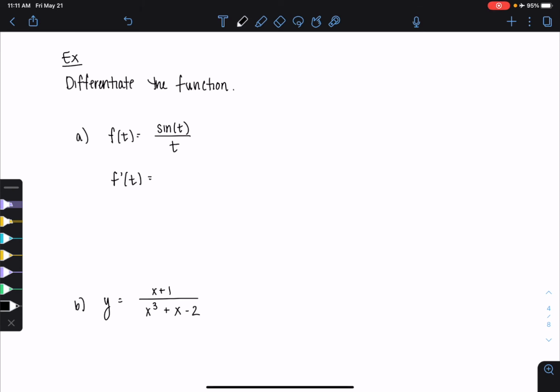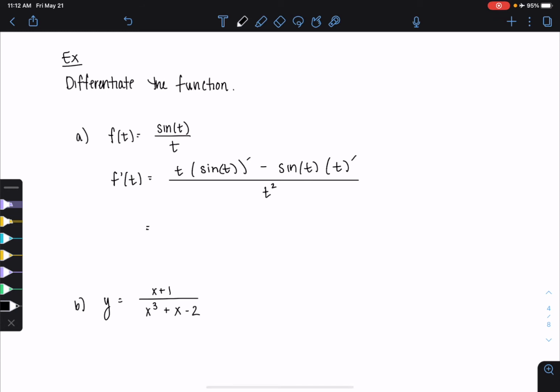To take this derivative, we do low d high minus high d low all over low low. So you get t times t, you just get that denominator squared. Okay. So you can see it's really important for us to sit here and go through and write everything out before taking a derivative. Because if you do it in your head, it's going to be easy to mess it up.